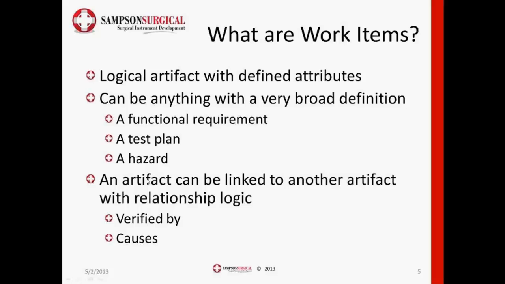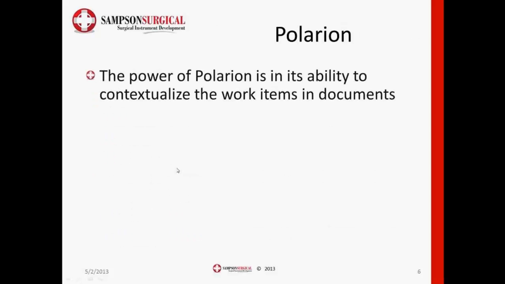So really the power of Polarion is in its ability to contextualize the work items in documents. At the end of this, David is going to go through the Polarion tool specifically to show you how it's done in the tool itself. What it allows you to do is have a document that describes, as an example, in your product requirements document, the instrument or the medical device that you're developing.